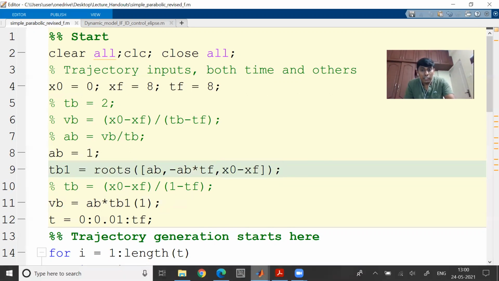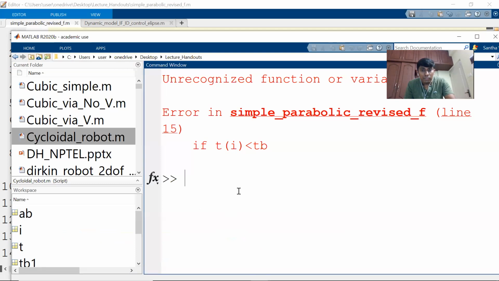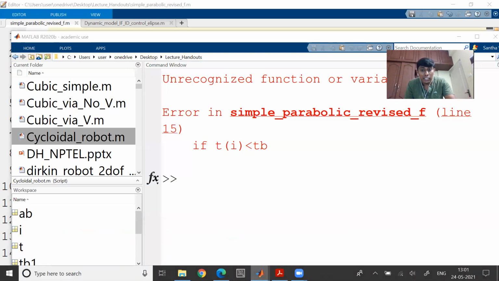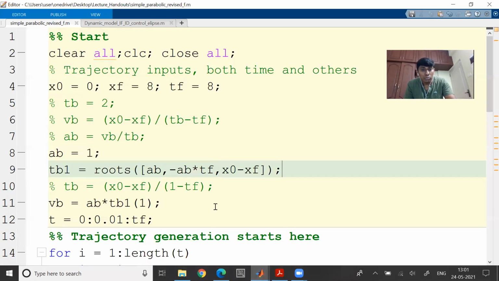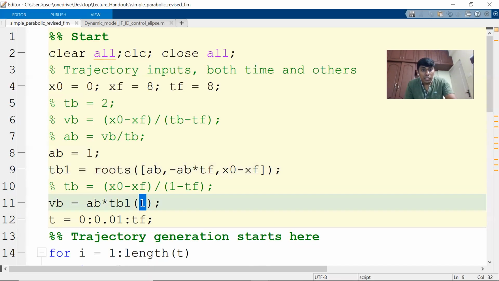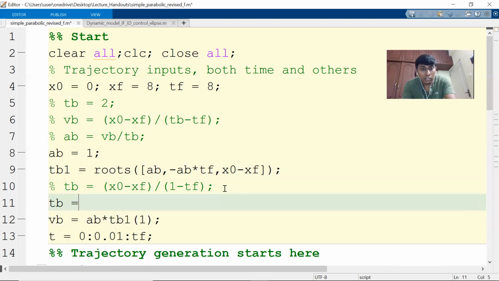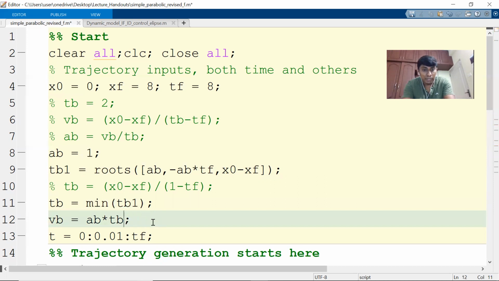So X naught XF, because this TB is getting increased because there are two roots, right? So I'll take the smallest one. Okay. So TB is the minimum of TB1. Okay. So then it would be easy.